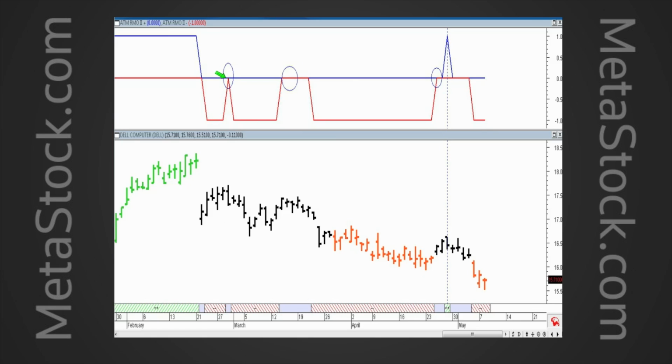That's an area where you want to get into the puts. You want to buy the puts because that's an area where you want to sell the market actually, or you think that the market's going to go weak. So when the RMO2 indicator sucks back from a value of -1 to 0, that's a good area to see buying the put options. In other words, you're really bearish at that point.